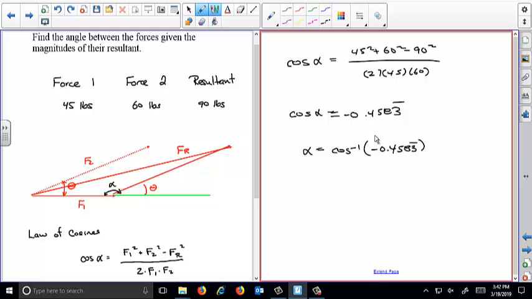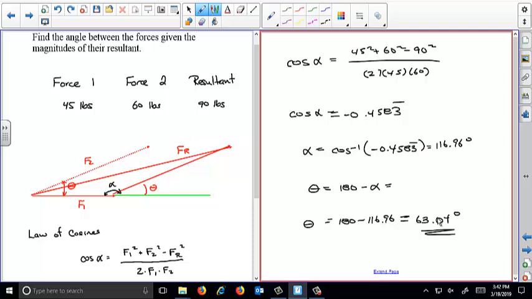Inverse cosine of negative 0.4583, so again, 116.96 degrees. But theta is 180 minus alpha, because these two angles are supplementary. So I get 63.04 degrees. So that's your answer.